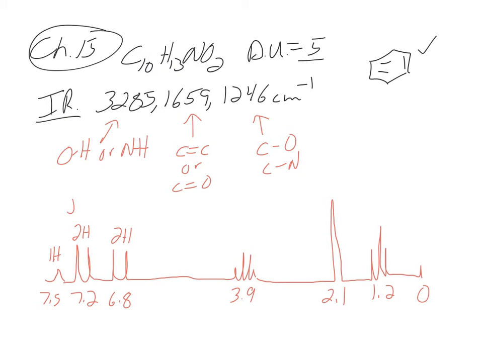J is equal to 9 hertz. And this is worth 2 H's. J is equal to 7 hertz. This is worth 3 H's. And this is worth 3 H's as well. And J is equal to 7 hertz.